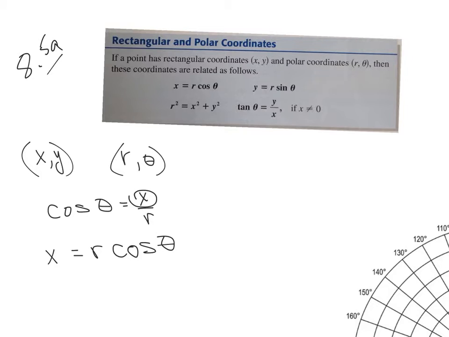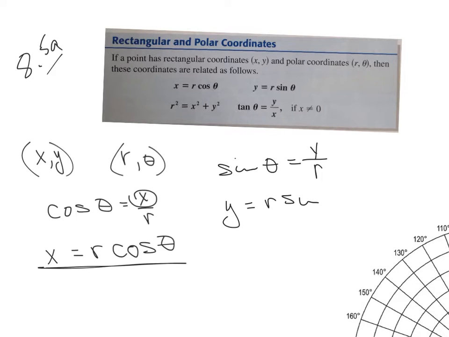So if we were translating from polar to rectangular, x equals the length of the radius times the cosine of whatever angle that is. We also know that sine of theta equals opposite over the radius. So if we wanted to find y, it would be y equals r sine theta. That would give me my x and my y values.